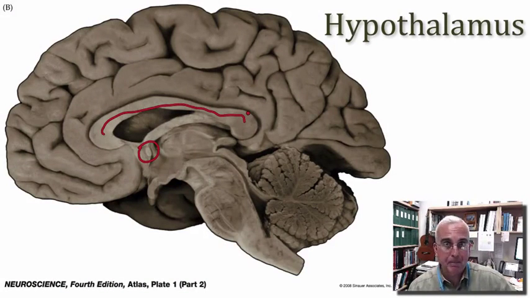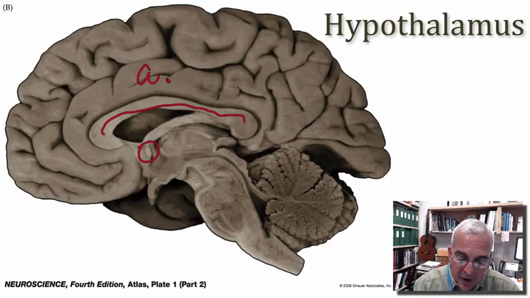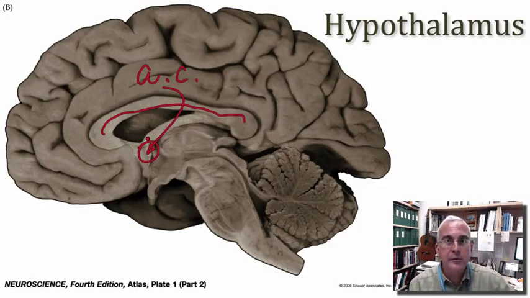So perhaps you can think of what that structure is. I'll give you just a moment. And everyone shout out together. It's the anterior commissure, right here. So that anterior commissure is a bit of a visual landmark that defines one point of this triangle that can help bound your recognition of the hypothalamus.